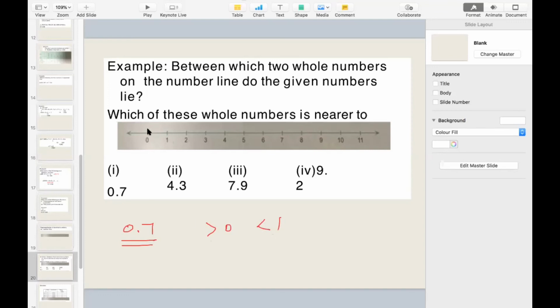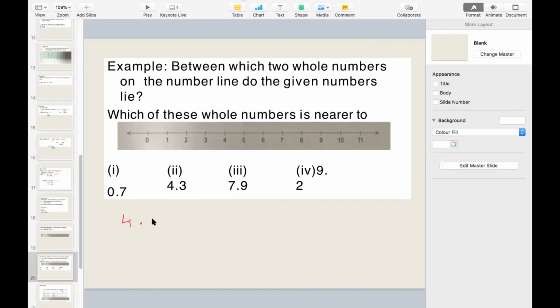So it will come between 0 and 1. This number lies between which two numbers? 0 and 1.